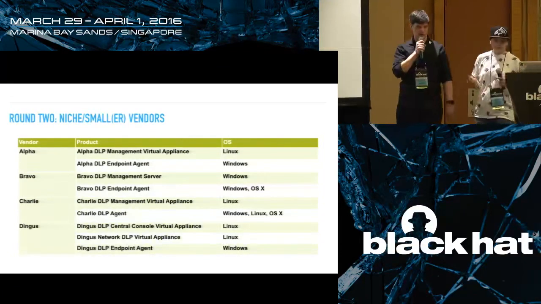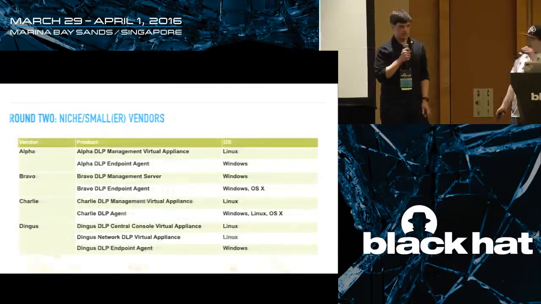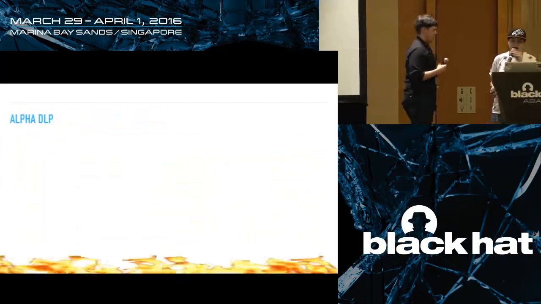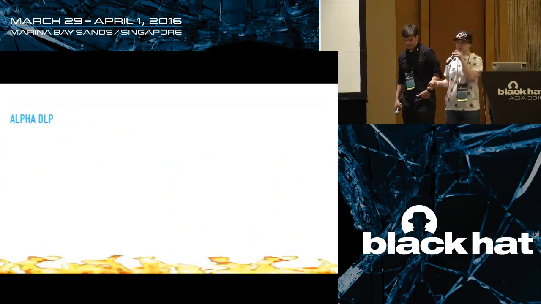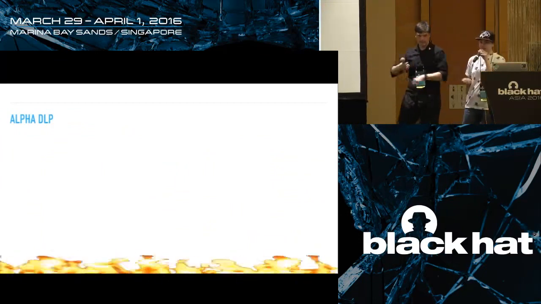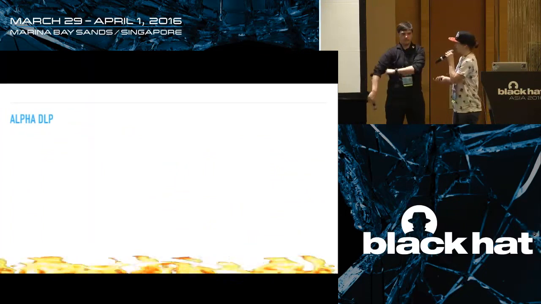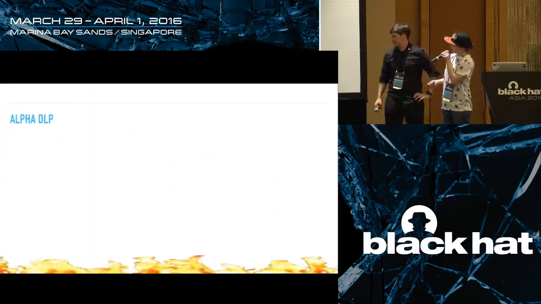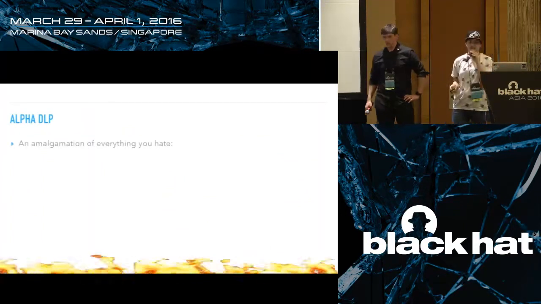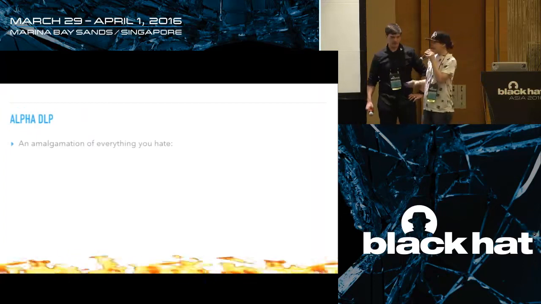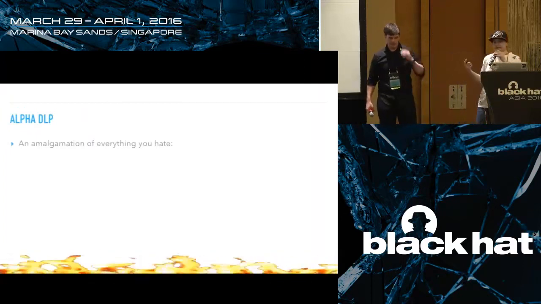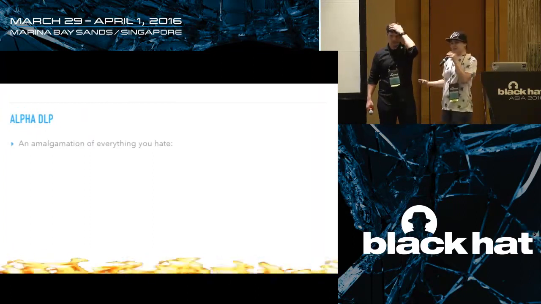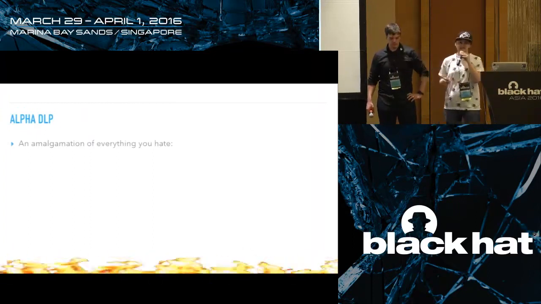So to break those down, start with Alpha. Okay, Alpha DLP. Alpha DLP was extremely interesting to me. Most people are probably familiar with the Mary Shelley book, Frankenstein. It was sort of a Frankenstein's monster of a lot of technologies that, not to sound overly negative, information security people tend to hate on.